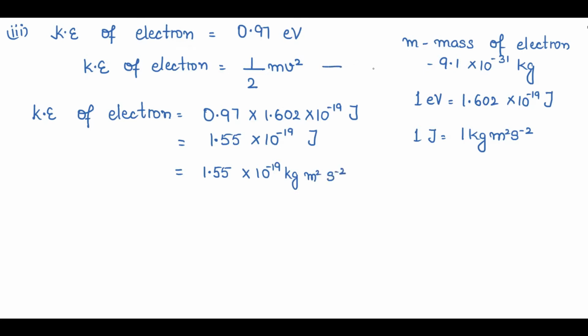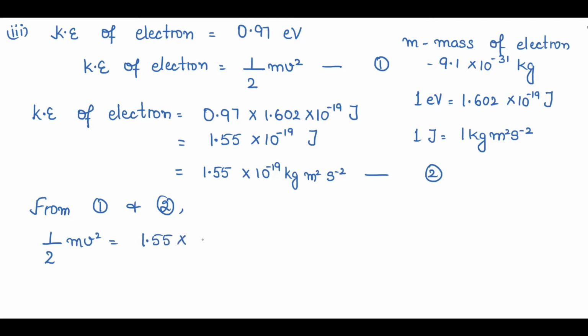This relation is our first value and this one our second value. So you can compare 1 and 2, right? So from 1 and 2, definitely I can write half mv square equal to 1.55 into 10 raised to power minus 19 kg meter square second inverse square, right?